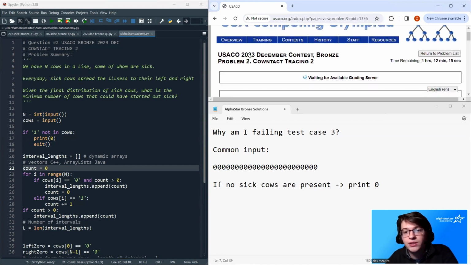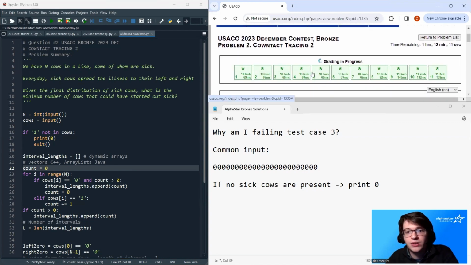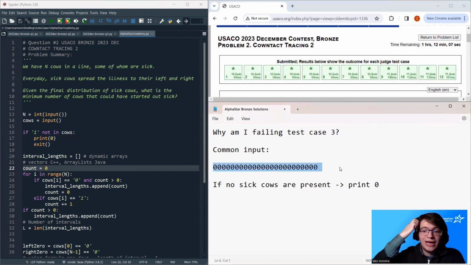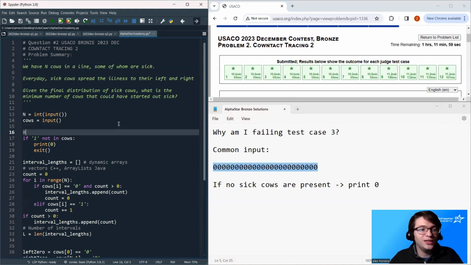So let's run this, and we can see we now pass test case 3. Always important to think about what sort of edge cases am I missing? This is a pretty common one to spot where they give you no sick cows.